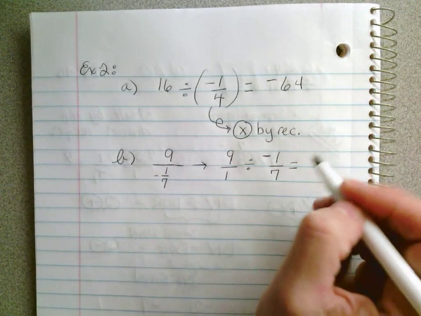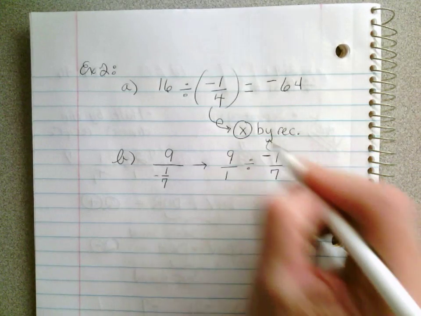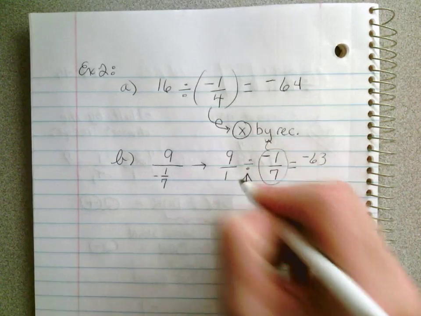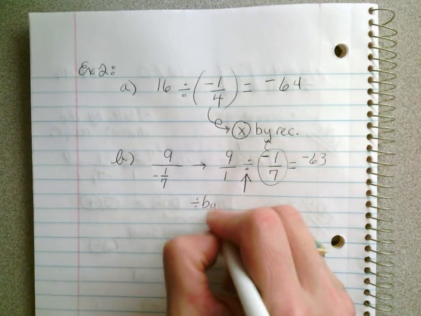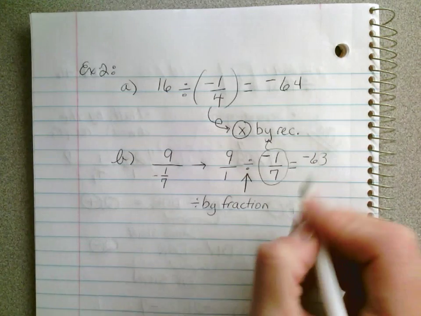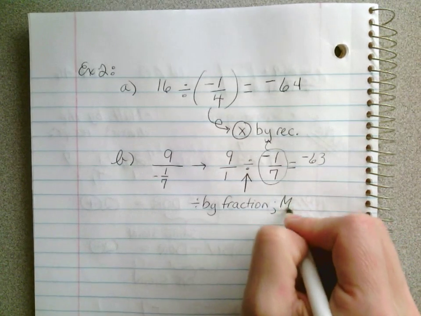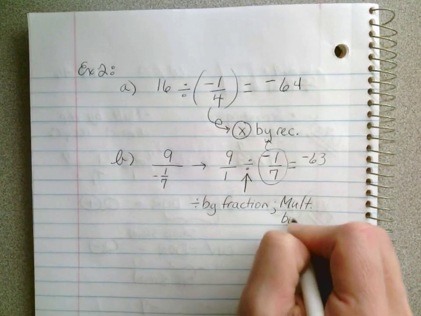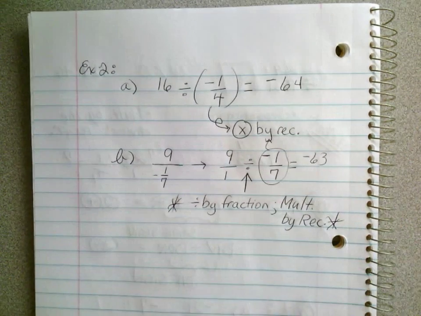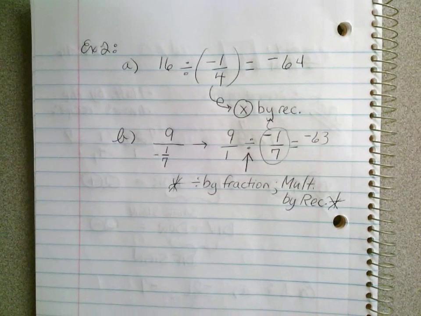So multiplying by the reciprocal, just like we did here, is going to result in a negative 63, okay? Do not forget, dividing by a fraction is a no-no. You can't do it in traditional ways. Instead, you multiply by the reciprocal. This is obviously a 5th grade thing, but it's so easy to forget. Trust me, I'm excellent at forgetting.